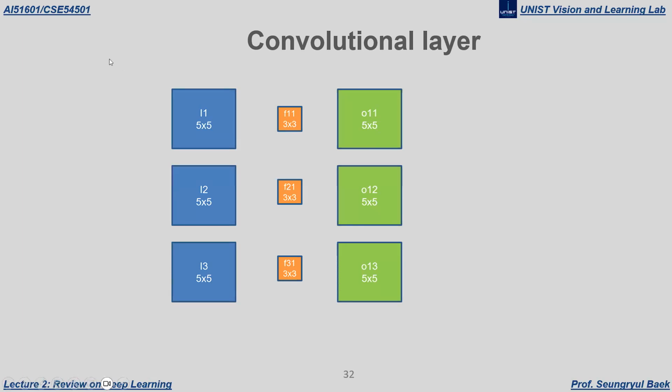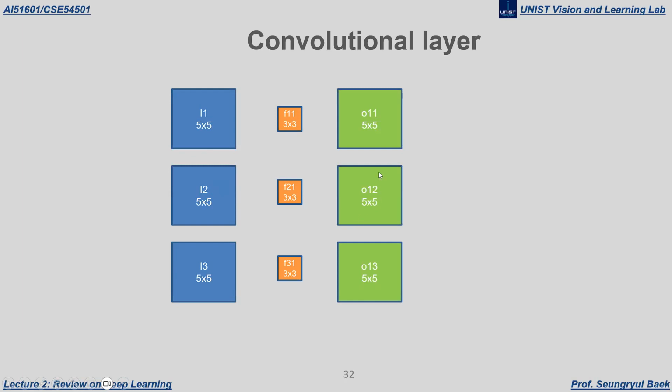So you can say this O11 output comes from I1 image via applying filter kernel F11.